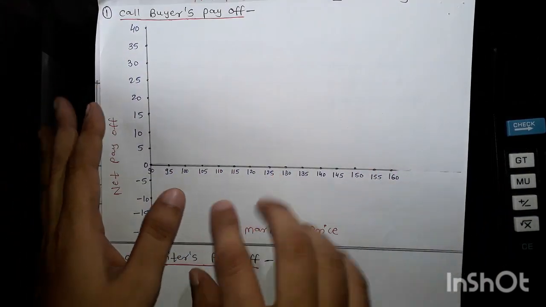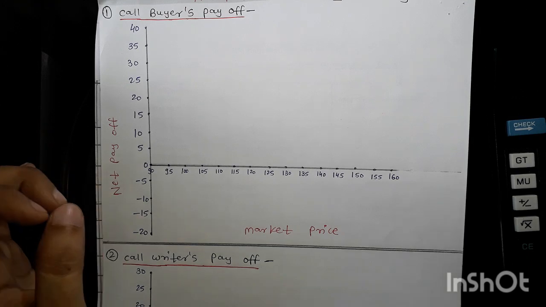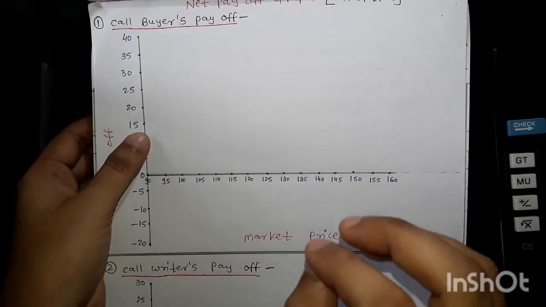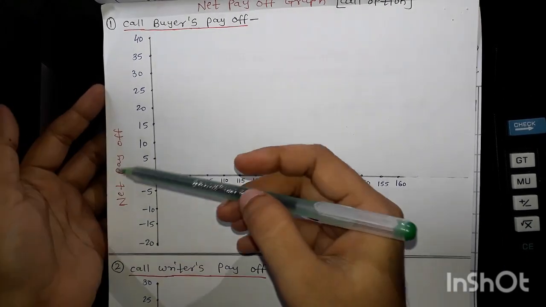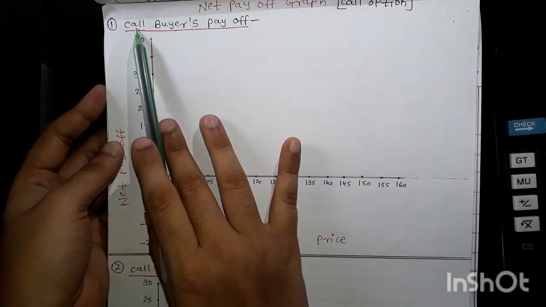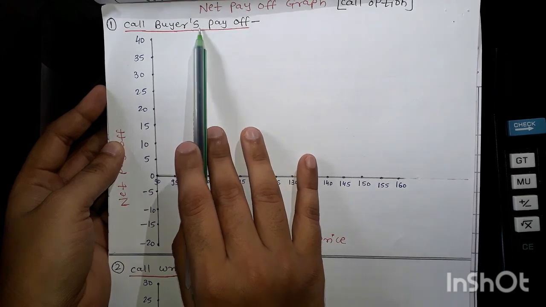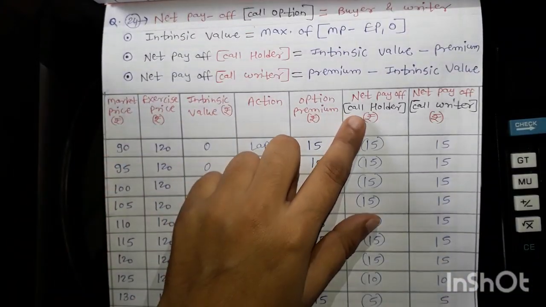Color pens and normal pens, and I am going to draw the diagram using pen only. First of all, the net payoff is given. This is a graph of a call buyer, which means call holder.